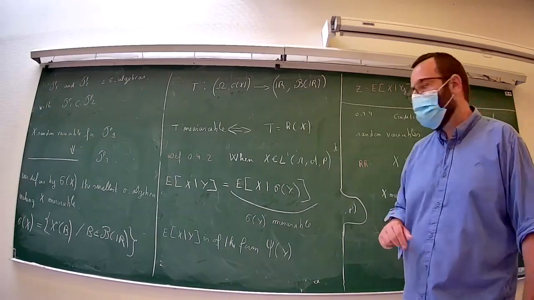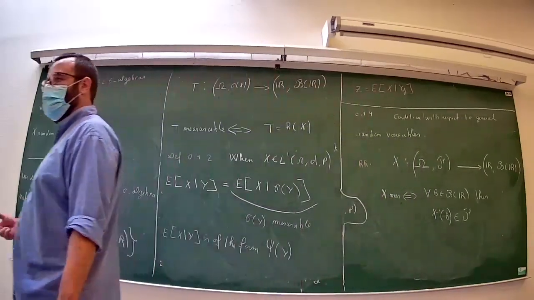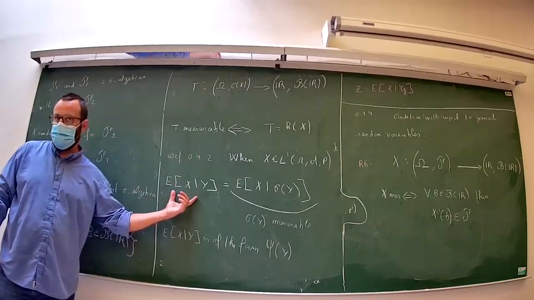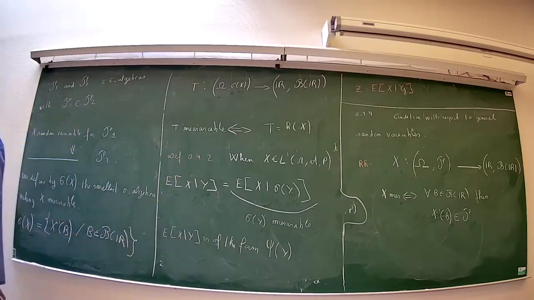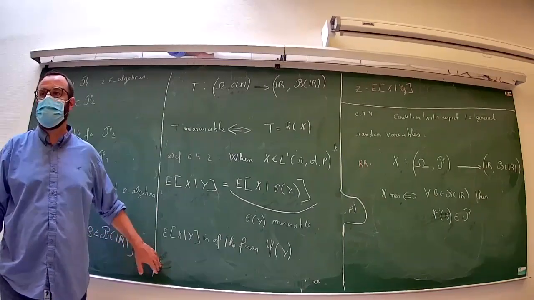Of course, you have already computed conditional expectations, even if you haven't seen definition 0.4.1. In general, in practice, when you want to compute conditional expectation, you use the notion of conditional density function.